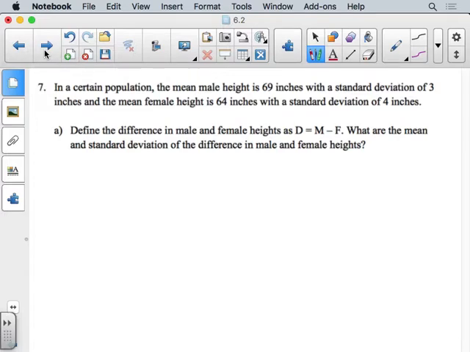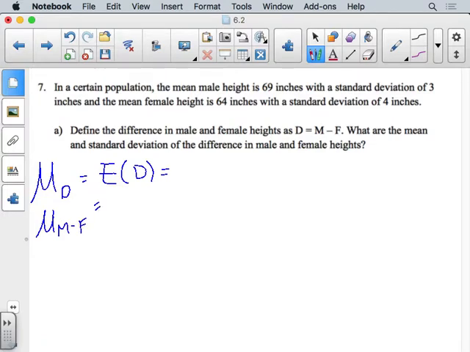So we're trying to find out what is our average difference, like how much taller are males than females on average. So what is my expected amount of event D, which is males minus females. You could also see it written like this, what is the average amount of D? Or even like this, the average amount of male minus female.